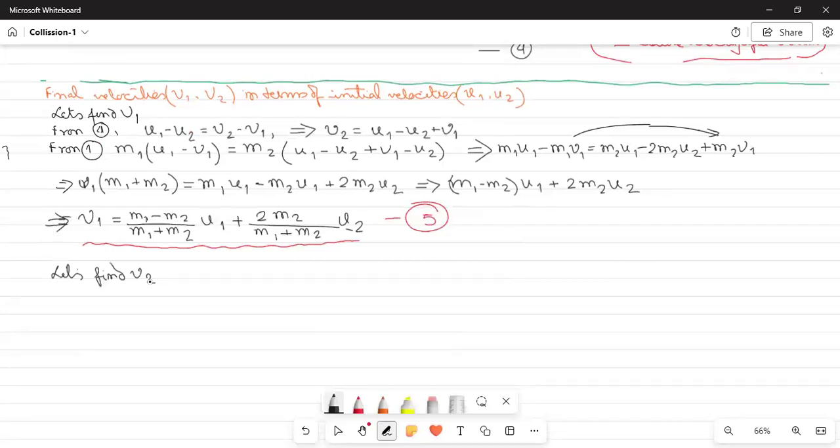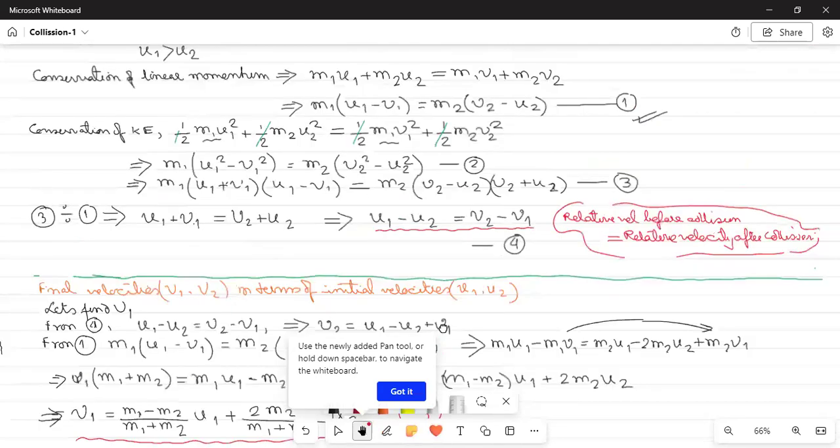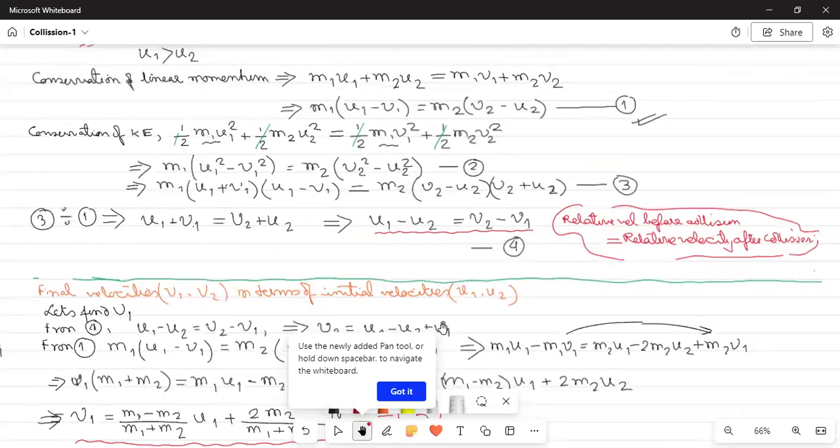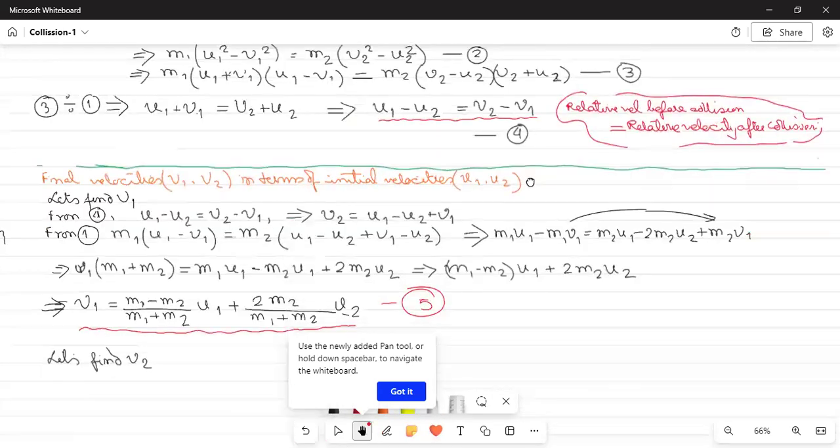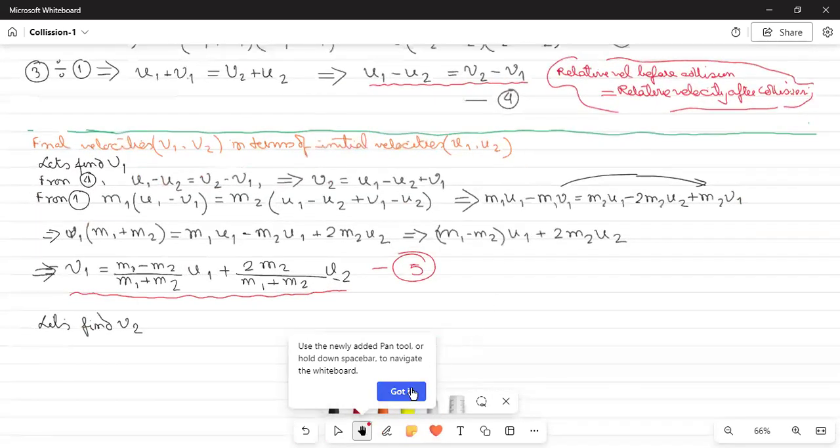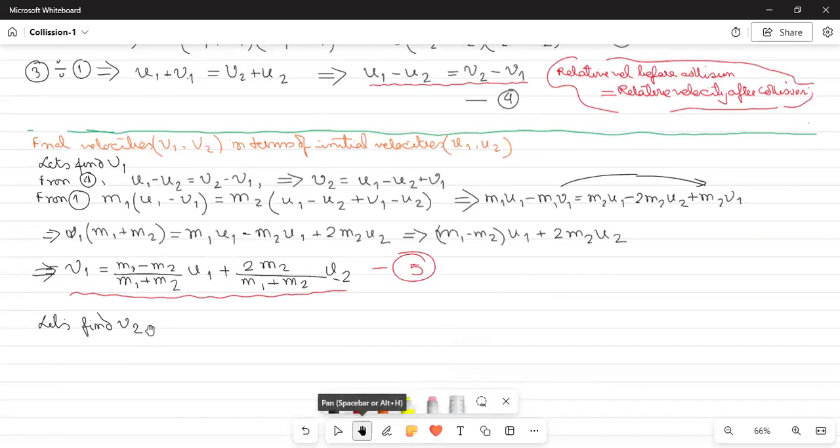Similarly, from equation 1, let me have a look at equation 1 now. From equation 4, let's find v2.